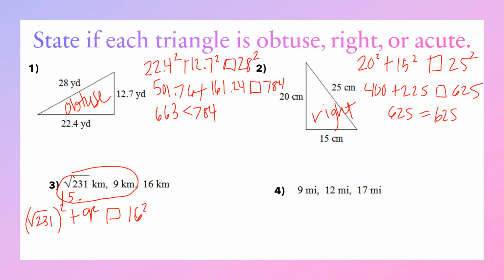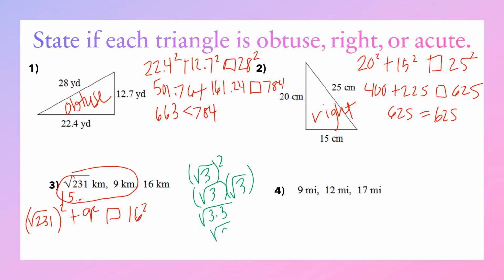Now think back to maybe Algebra 1 or Algebra 2, if you guys have taken either of those. If we have the square root of 3 squared, that means that we have the square root of 3 times the square root of 3. We also have the square root of 3 times 3.